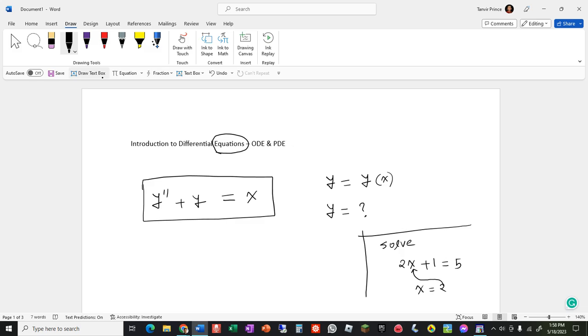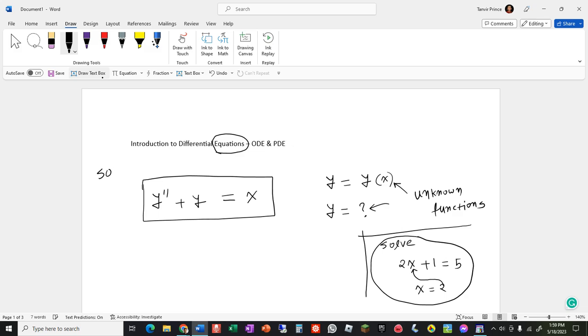Exactly the same way, here y is the unknown function. So in the situation of an algebraic equation, you're looking for an unknown number. So your x represents some number. But here my y represents functions. So y here is the unknown function.